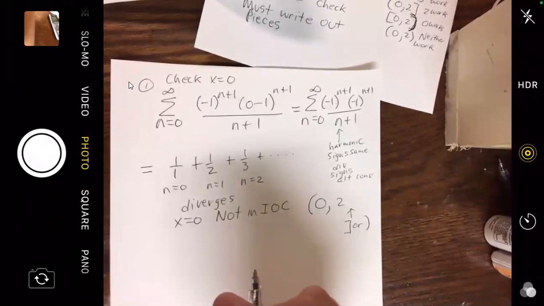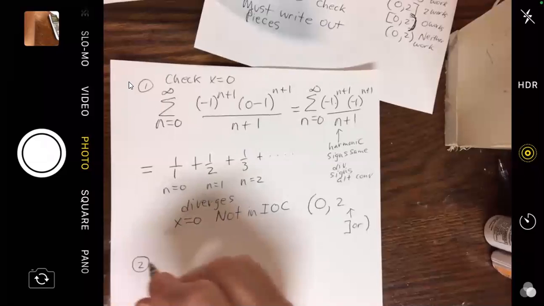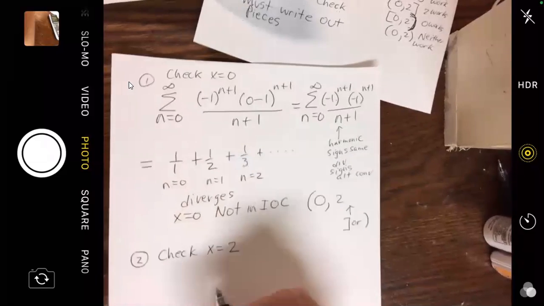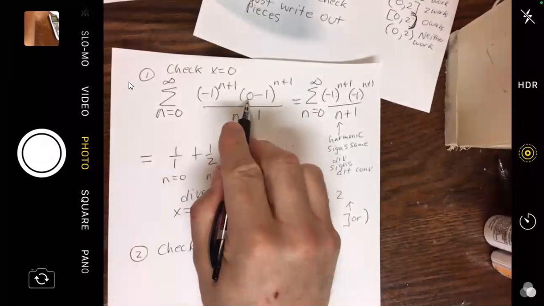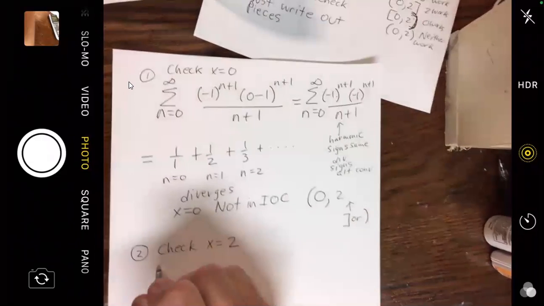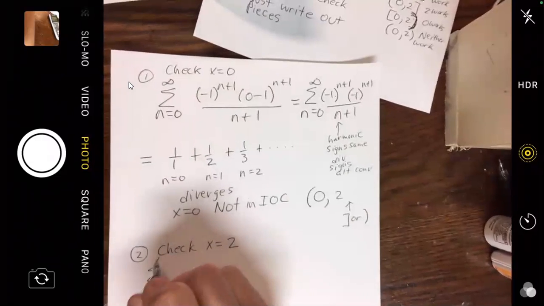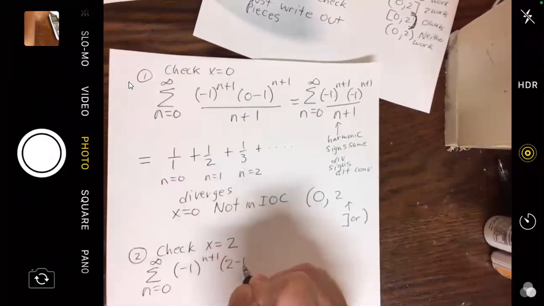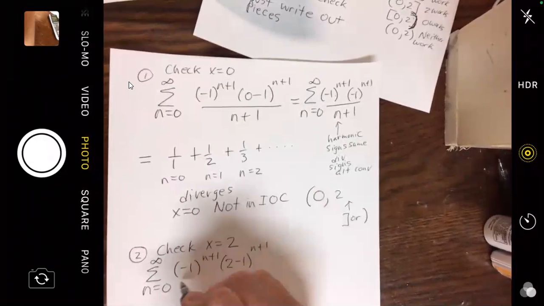Yep. So, check x equals 2. And again, that's the spot it got plugged into. Now we just change the 0 to a 2. The sum from 0 to infinity of minus 1 to the n plus 1, 2 minus 1 to the n plus 1.